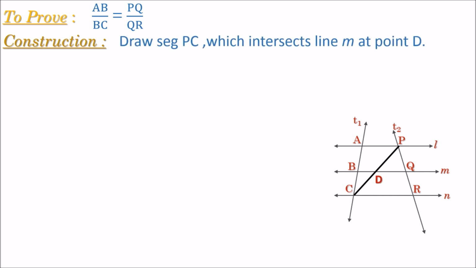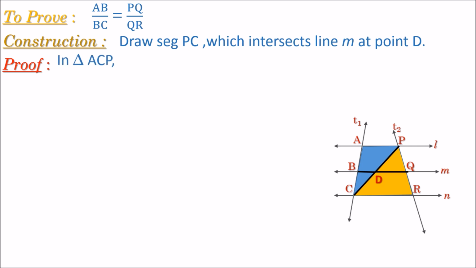What we will do here, we will draw seg PC and let it intersect line M at point D. And you can see that because of seg PC, we got two triangles, triangle APC and triangle PCR. And in both the triangles, we are going to use the basic proportionality theorem.